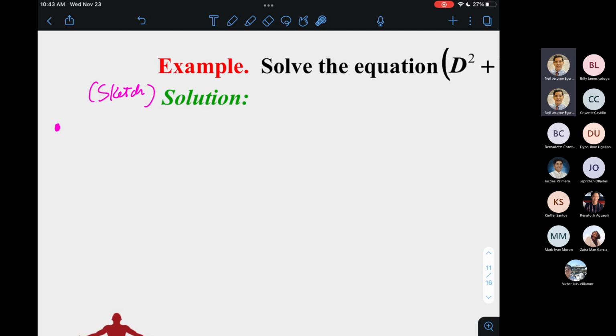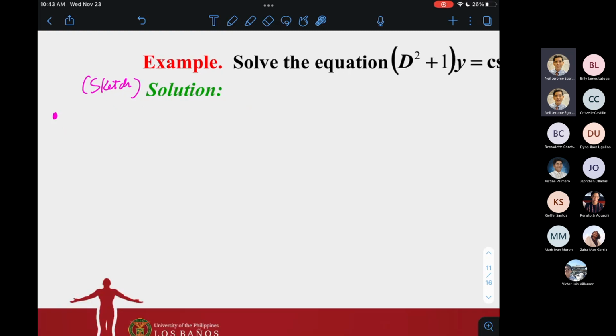Okay, now first step. First bullet, find the solution to the homogeneous version. So we have D squared plus 1 applied to y. So our characteristic equation is m squared plus 1 equals 0. Now, it has solution m equals plus or minus i.